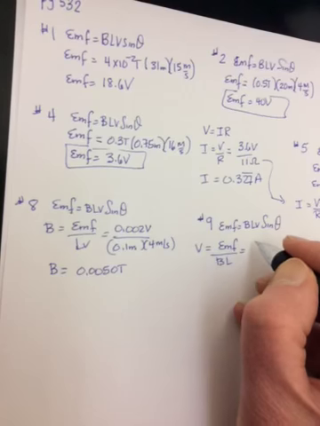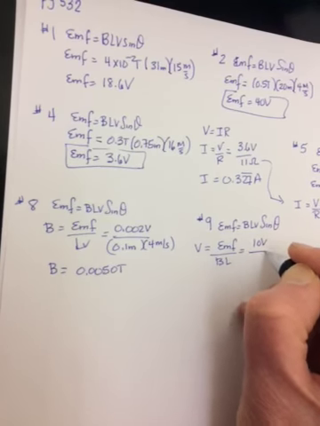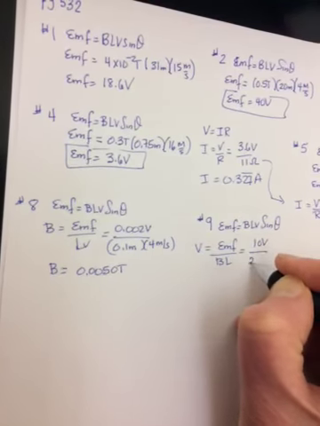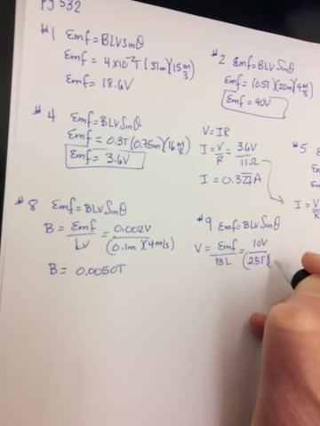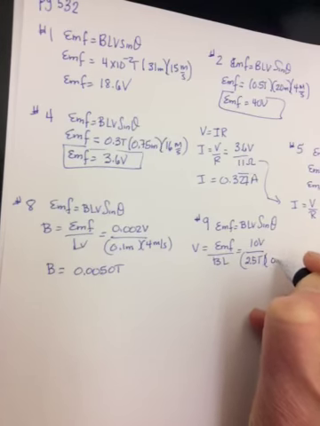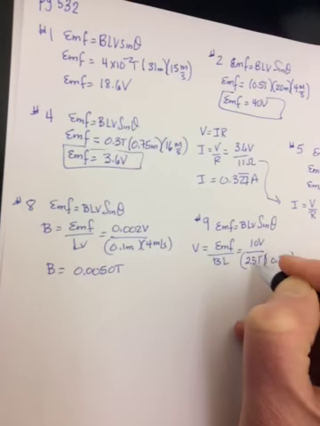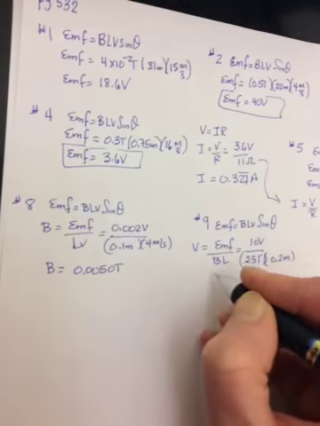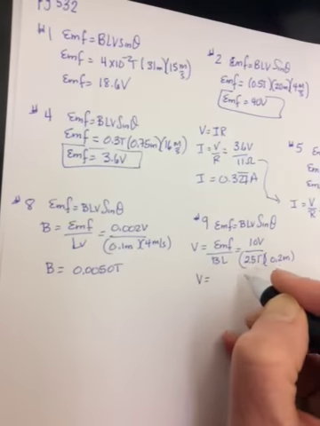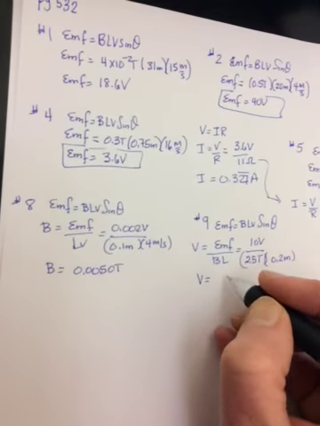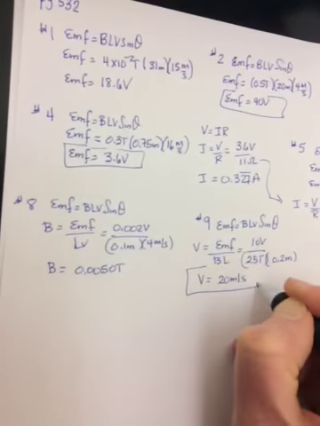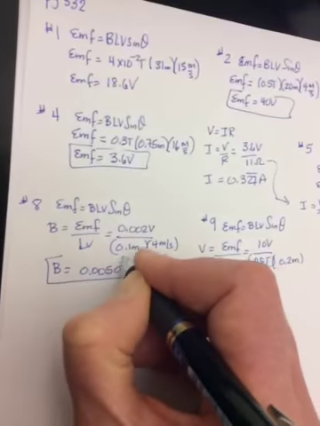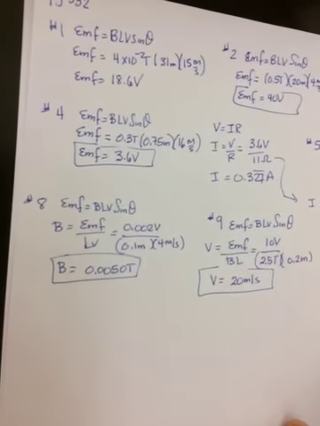So our EMF is 10 volts. The magnetic field strength is 2.5 Teslas, and the L is 0.2 meters. So that goes in 4 times 4 over 0.2. It's like 40 over 2, so I think it's 20 meters per second. Donezo. Okay? So those are your homework questions from the other night.